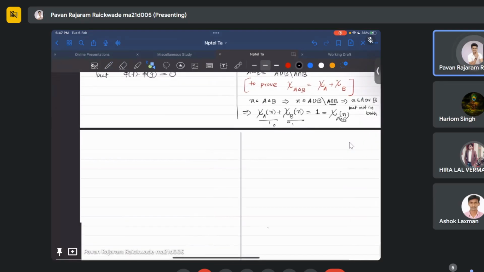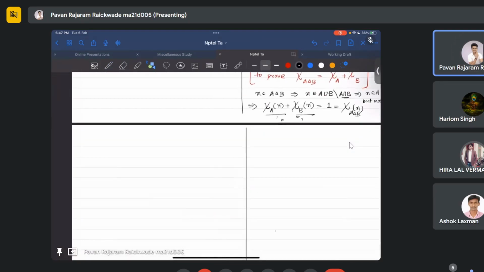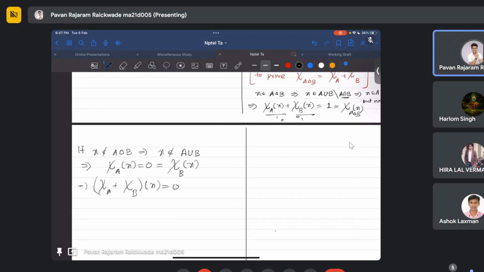Now if you see the other condition, if x doesn't belong to A symmetric difference B, what does it mean? This means x doesn't belong to A union B, which means chi A of x is 0 and chi B of x is also 0, which implies chi A plus chi B at x is 0, which is the same as chi of A symmetric difference B. Hence you are done.